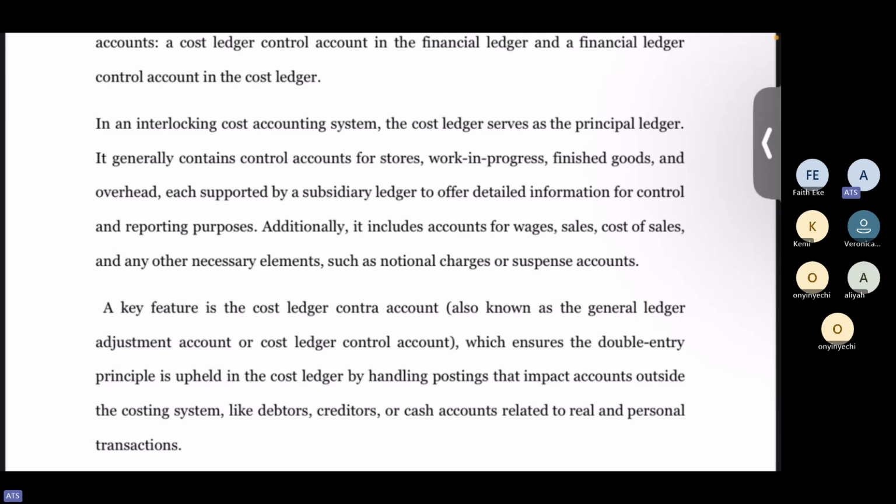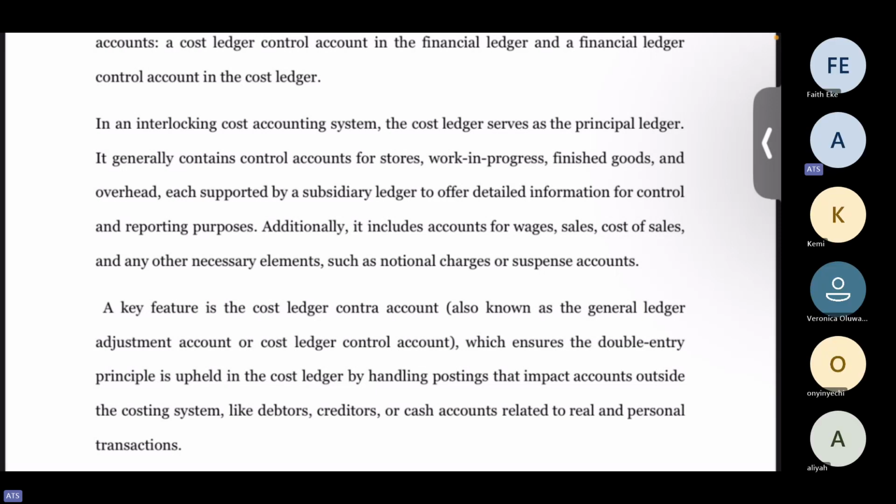So there are different double entries that you should note when dealing with cost accounts. Your examiner might ask you to prepare a cost ledger account, which is highly uncertain anyway, but just know it.